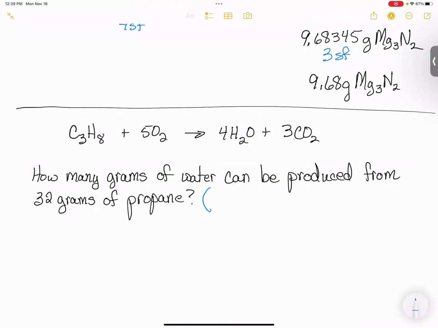The answer, so you know if you got it, is 52 grams.